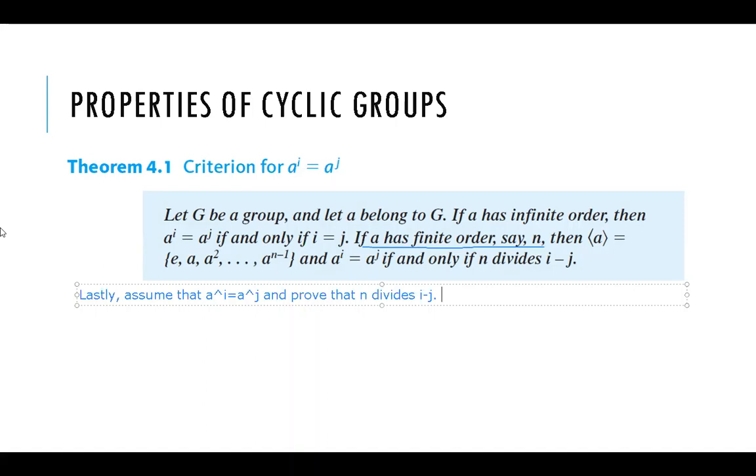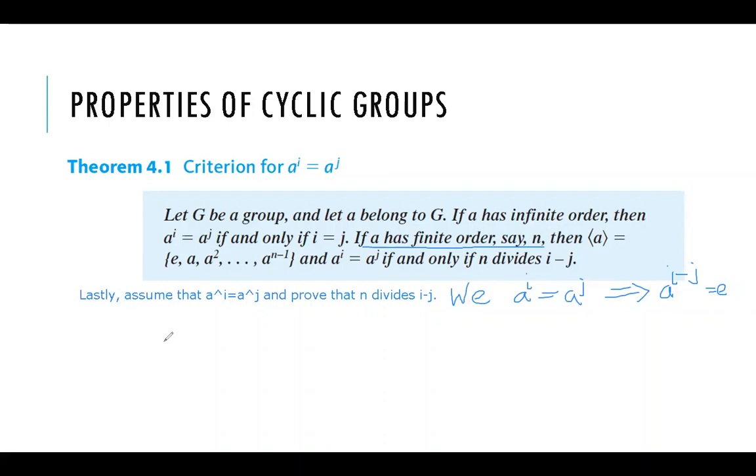Now observe, again by the same method that we did, that a^i equals a^j. This implies a^(i-j) equals identity, again by multiplying on both sides by the inverse of a^j.